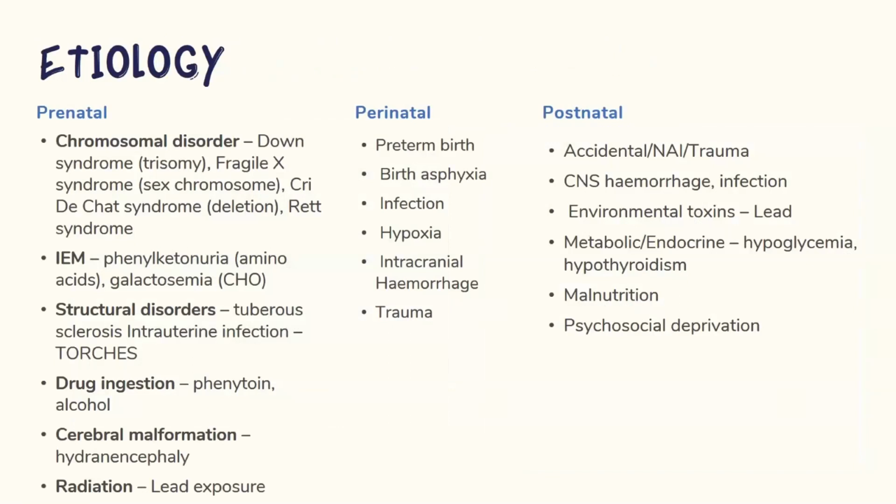So etiology. When we evaluate for a cause, we usually divide the etiology into three: prenatal, perinatal, and postnatal. The main point here is that among the known causes of ID, the major causes are genetic abnormalities.